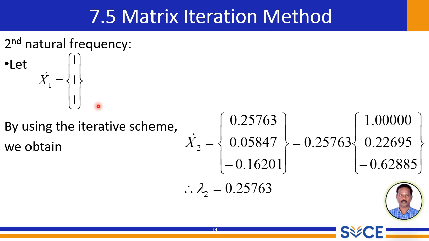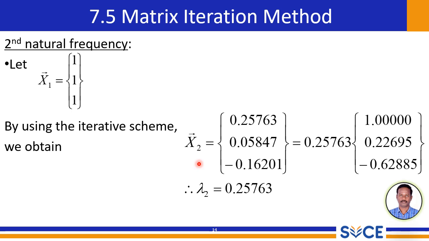The next step is to multiply this trial vector by the deflated matrix that we calculated in the previous slide. Performing this matrix multiplication results in a new vector that is labeled as x2.